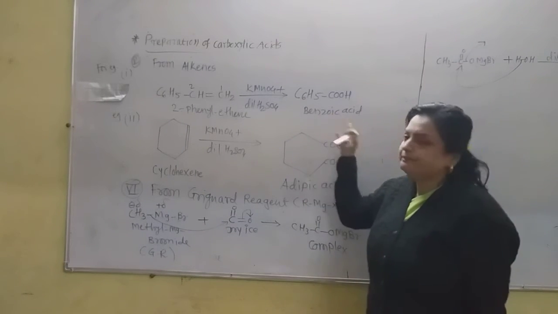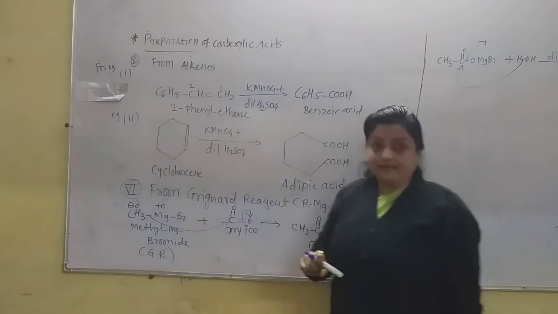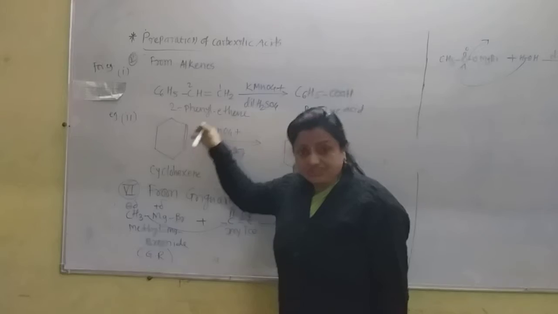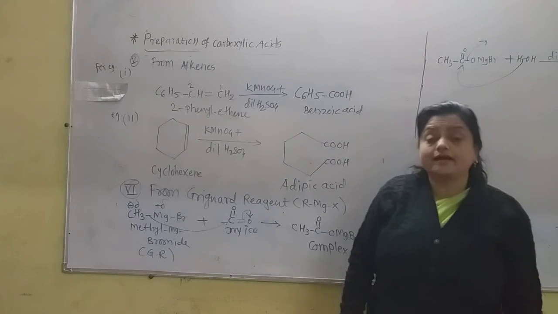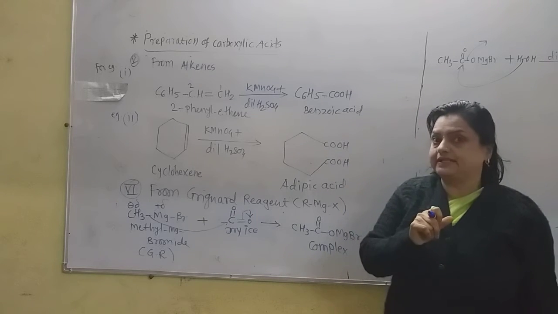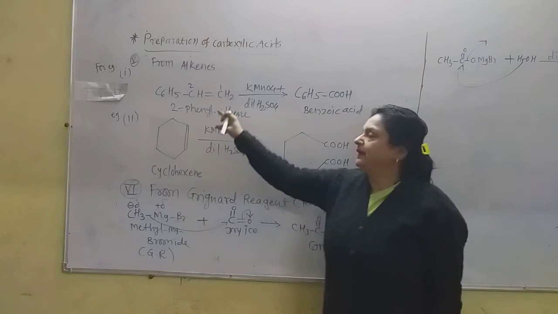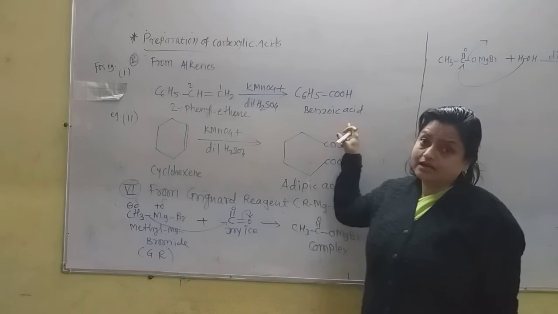You take any alkene here, but it only forms benzoic acid. Now this is the simplest method. But if a ring alkene is there, that is cyclohexene, then both of the carbons of the double bond are converted into the acid group, the COOH group. Remember that. For an aliphatic alkene, only monocarboxylic acids are formed.